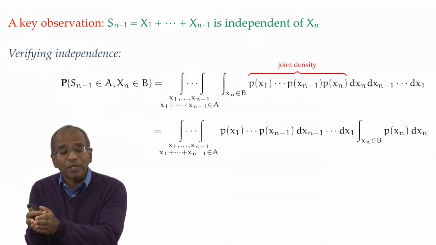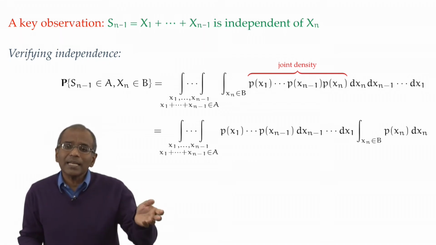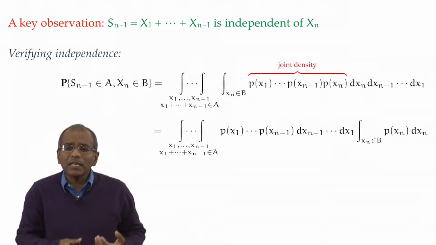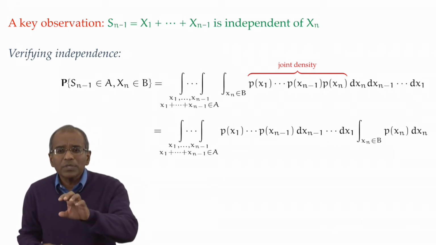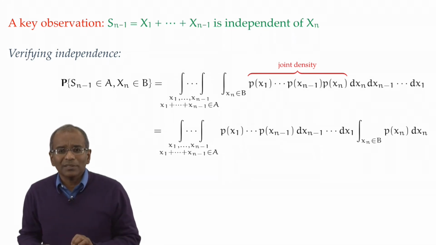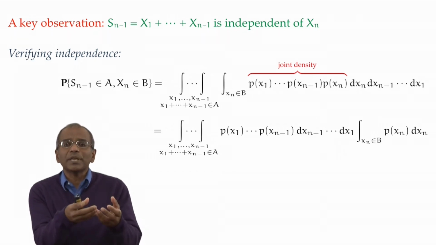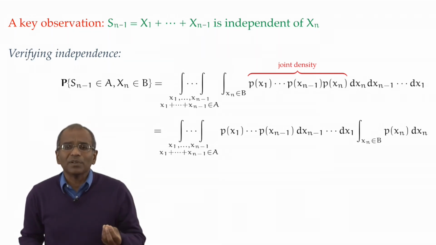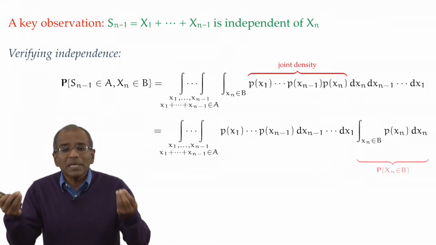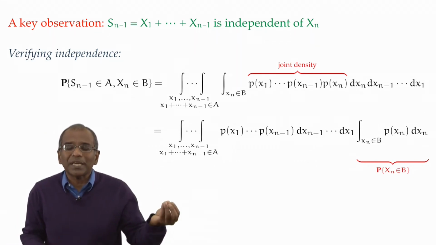Well, exactly the region where the sum of those variables lies in A. And then a second integral where we have xn lying in B. Now, observe that the last integral is accumulating the probability over the region B for the nth variable. Or, in a more familiar notation, this stands for the probability that the nth coordinate variable takes values in B.